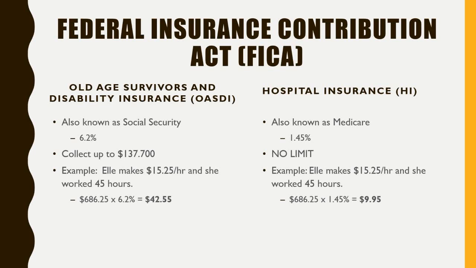This is a separate tax that is taken out of your paycheck to go towards society. So again, this is what you pay in for society. It doesn't really mean that you're paying into your own Social Security. But the cap mark for that is going to be $137,700.